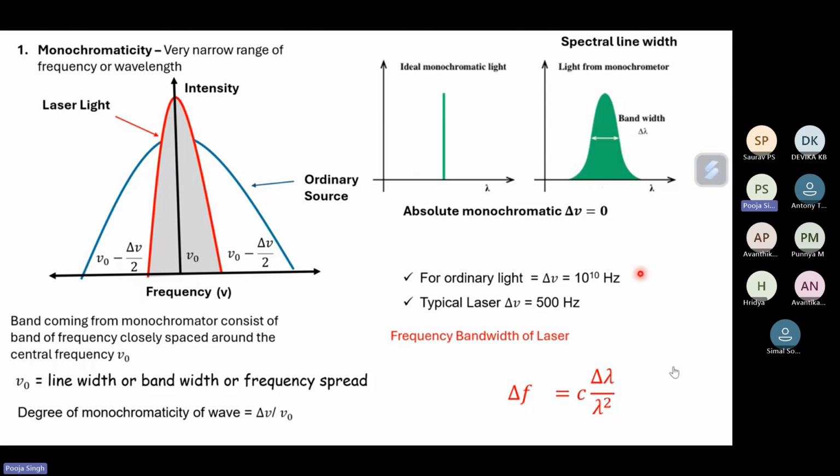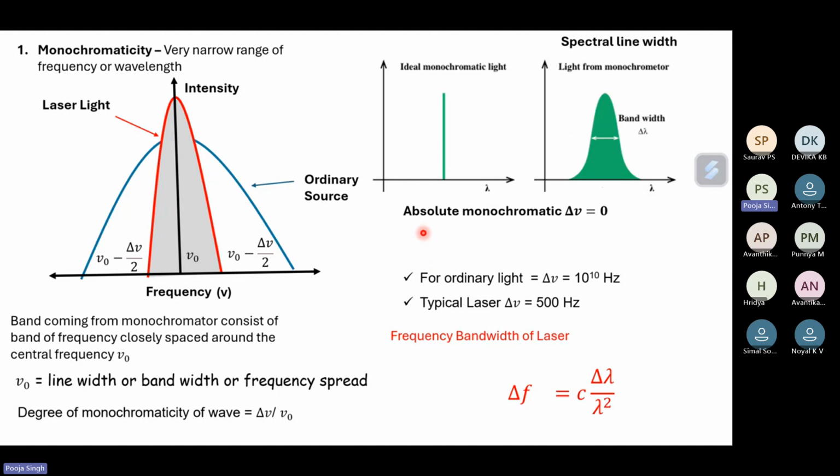This range of the wavelength we call the bandwidth, and the distance is defined by delta lambda. Carefully understand this, because next we are going to solve numerical questions also. So this is basically the narrow range of the wavelength that it emits, and we call it the bandwidth.